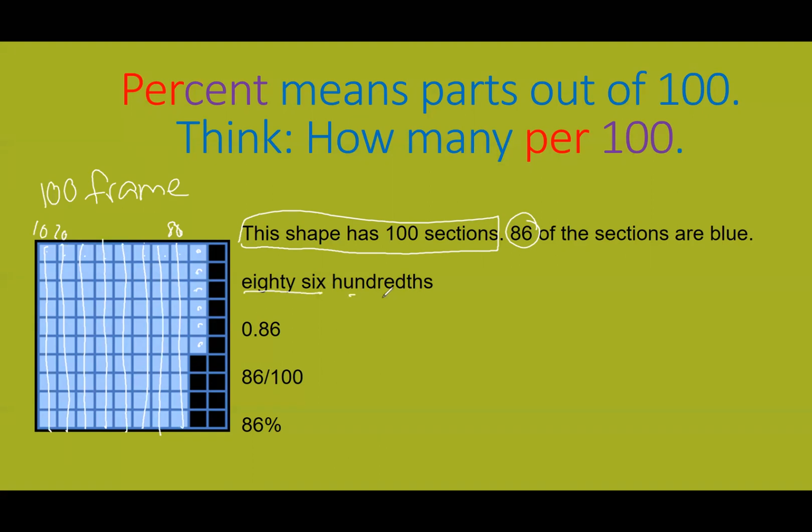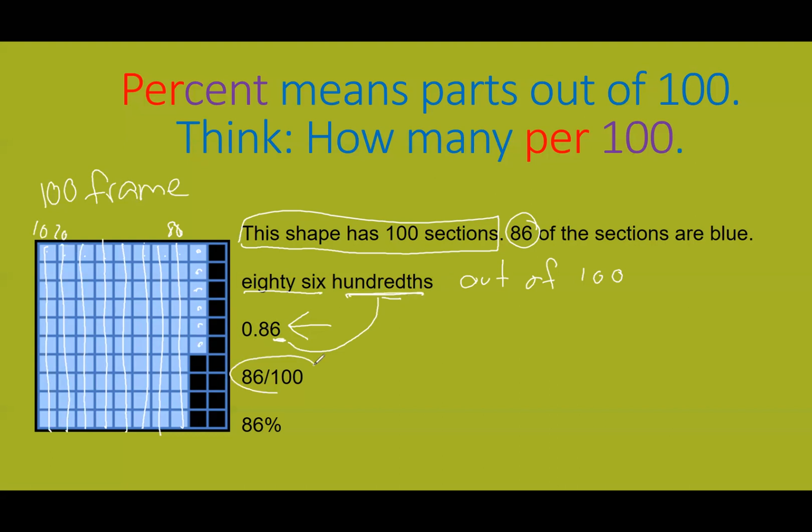86 hundredths. Why is it hundredths? Because it's out of 100. That's why it's hundredths. And we write it as a decimal of 0.86. We say it together, 86, right? And the last digit is in the hundredths place. So we say 86 hundredths.